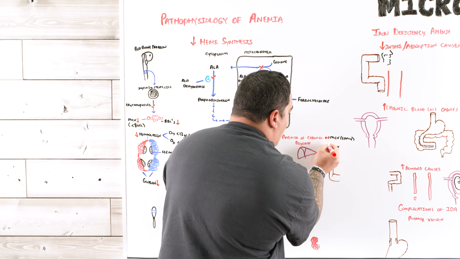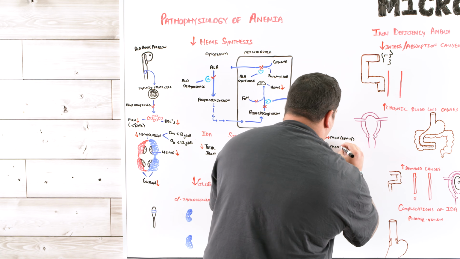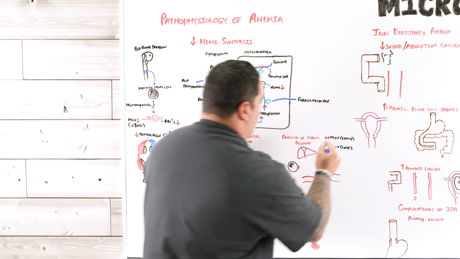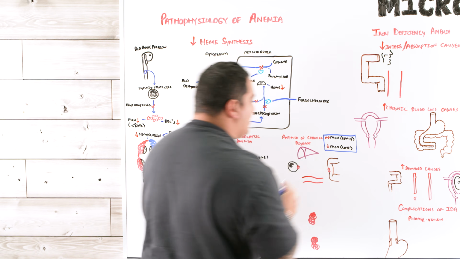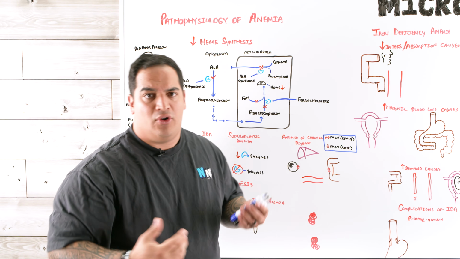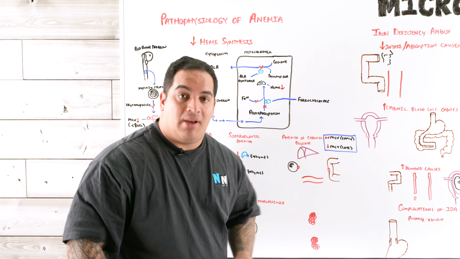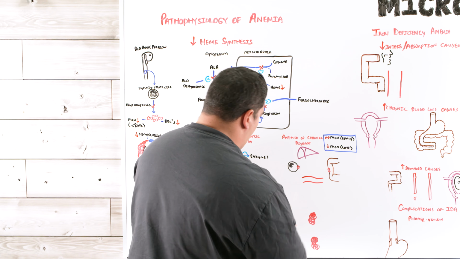But then over time, and I'll explain why, the MCV does drop in the later stages of this disease. So it is really important to remember that most of the time for anemia of chronic disease, the patients have a normocytic anemia, but in the later stages of their disease, they do exhibit microcytic anemia. Let me explain how this happens.